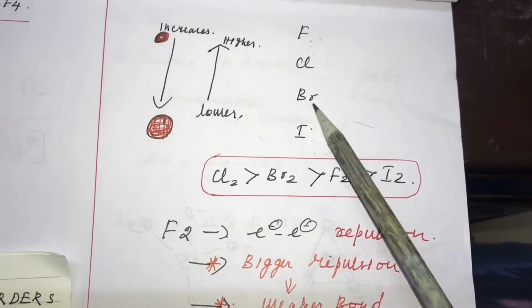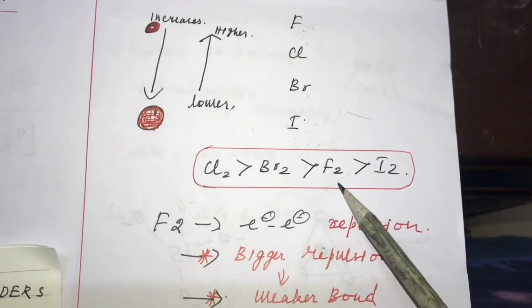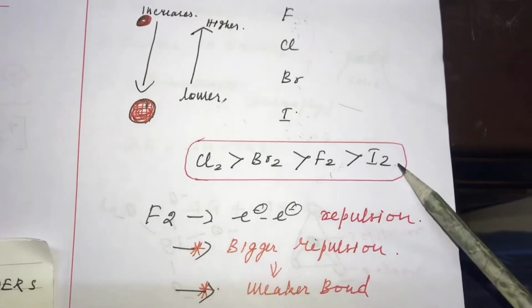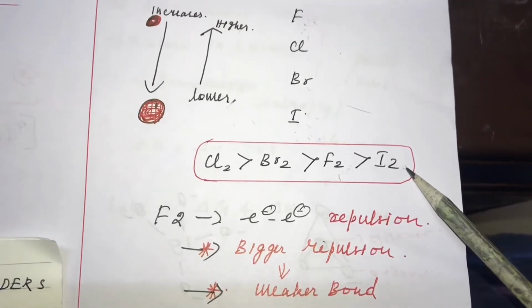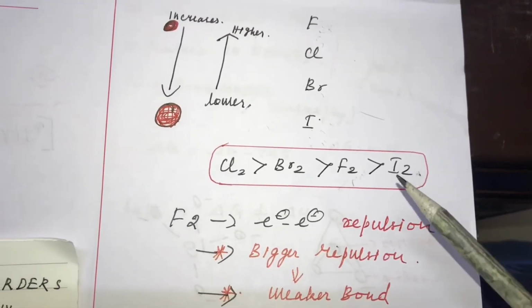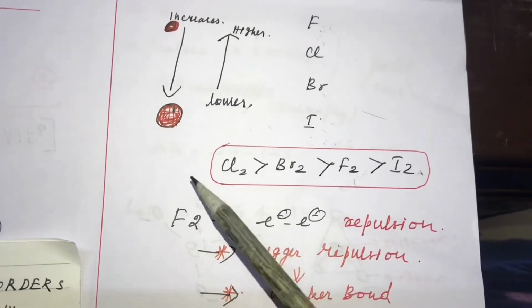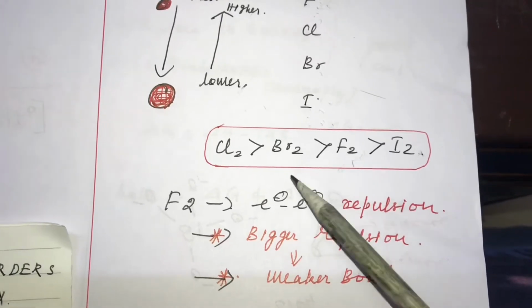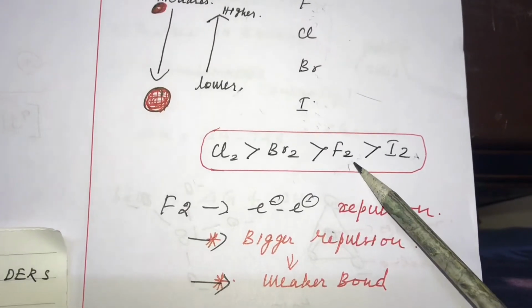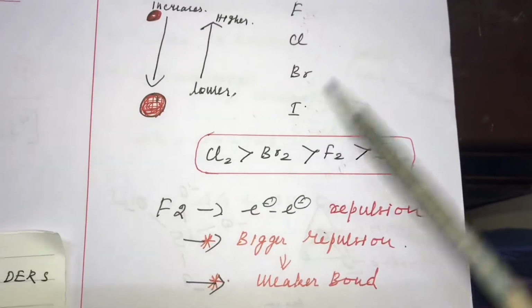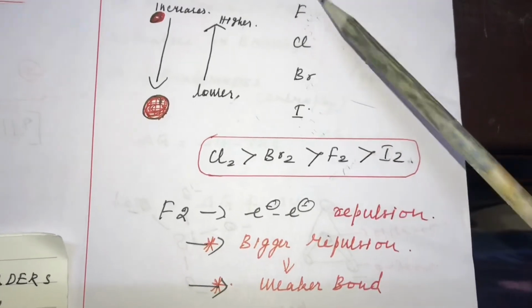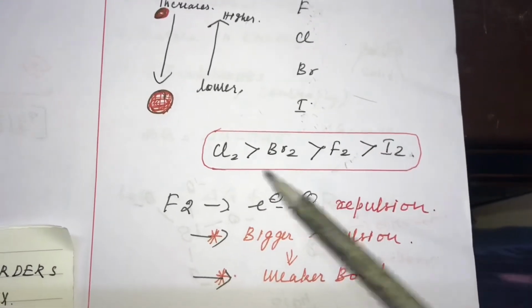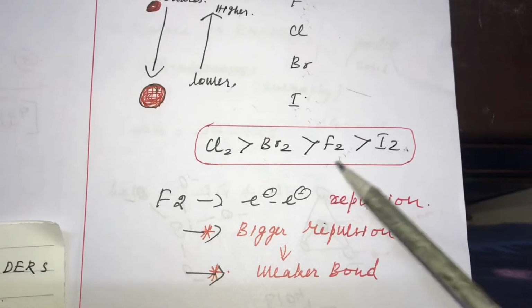Here chlorine, bromine, then comes fluorine, then iodine. Because of its larger size, iodine possesses the lowest bond dissociation enthalpy, and fluorine should come first, but because of the electron repulsion between the bonded atoms, it goes down. So the order is chlorine, bromine, fluorine, then iodine.